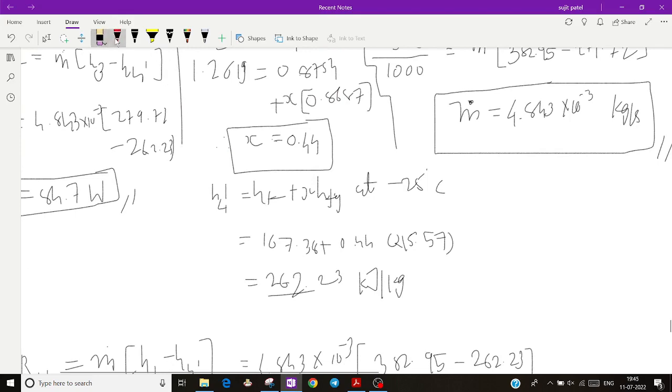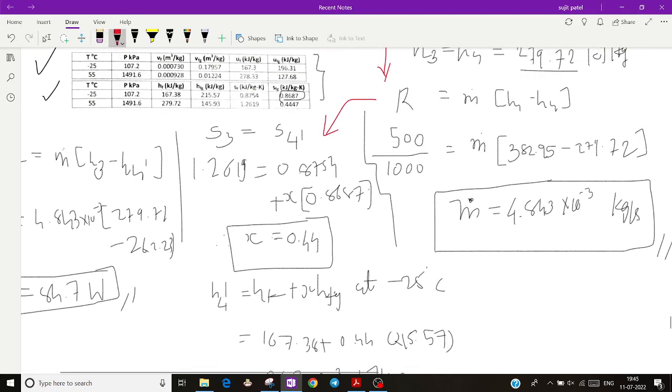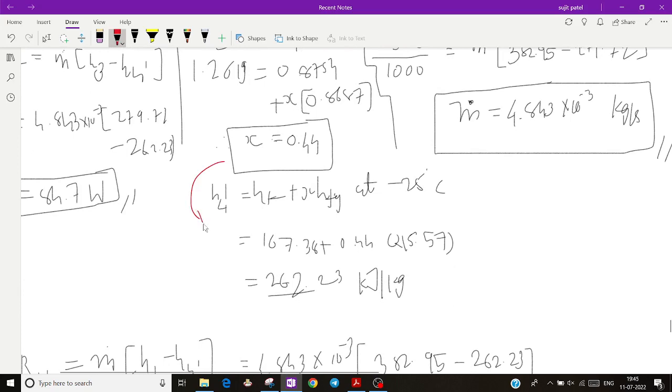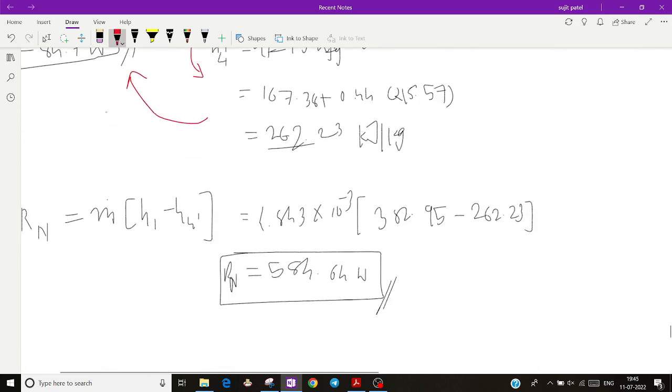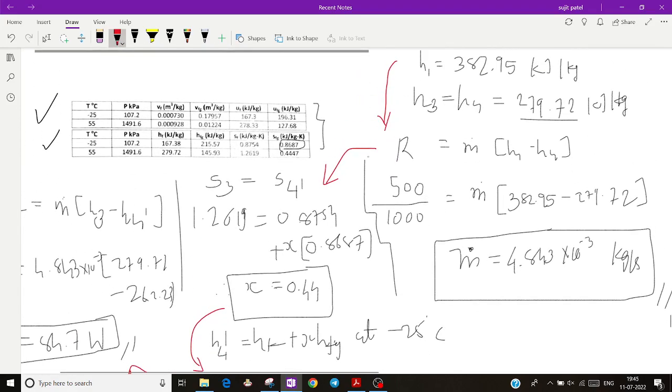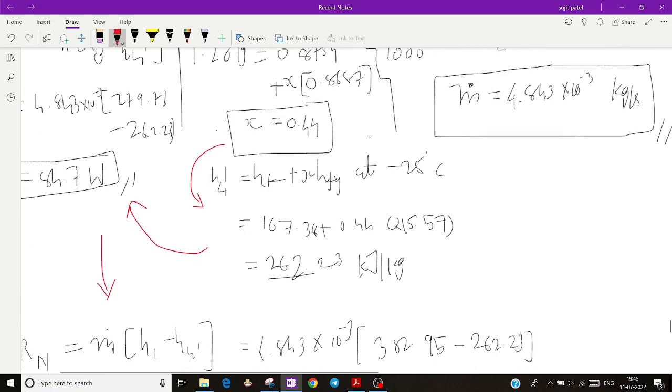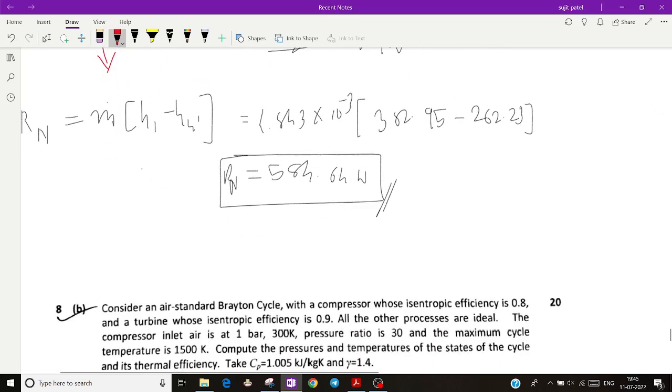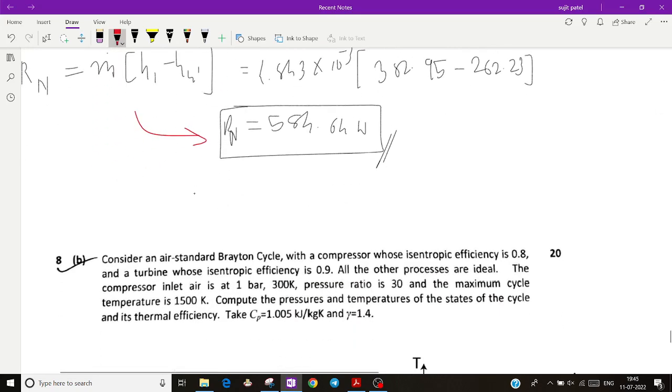From this dryness fraction we find the enthalpy at the new point H4 dash. Then we solve the turbine work, and after that we find the new refrigeration effect. So this is the way we have proceeded. If anyone has doubt, this is the arrow and this is our final answer. I hope you understand the solution.